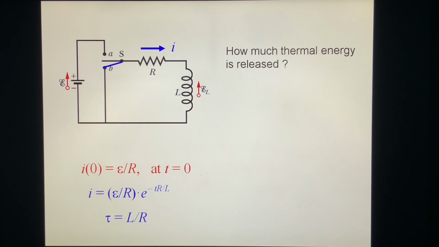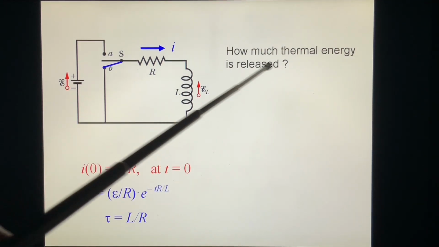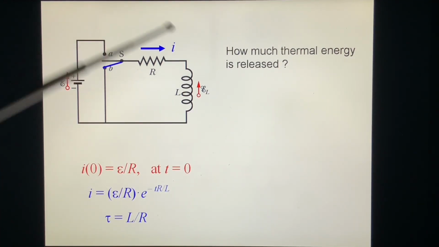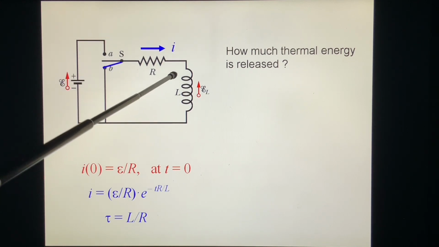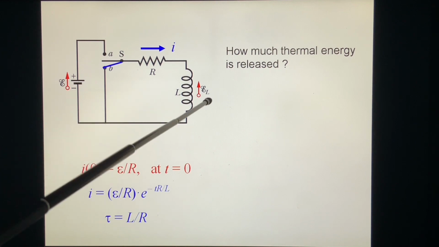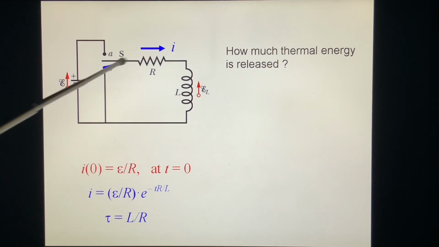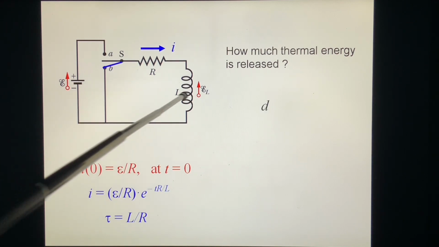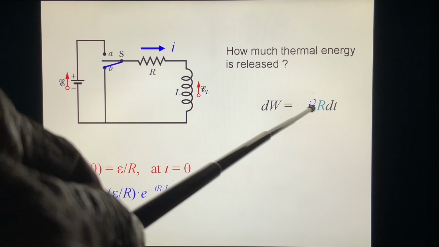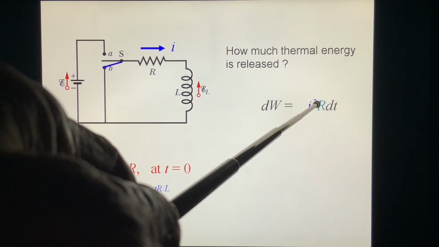Now, let me see how much thermal energy is released in this case. Finally, when this I is 0, all the energy stored in the coil is transferred to heat energy in this R. Let me calculate. dW is I squared R dt.